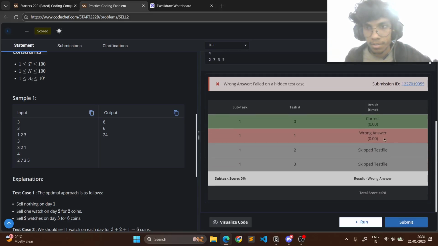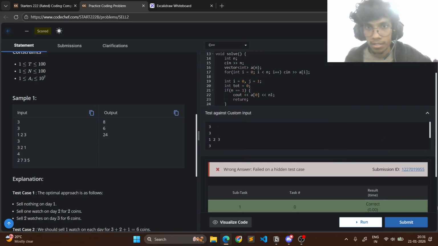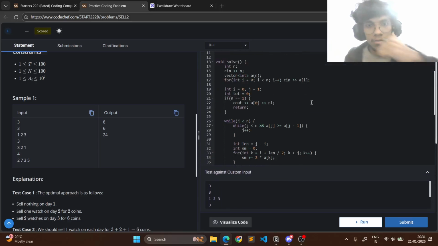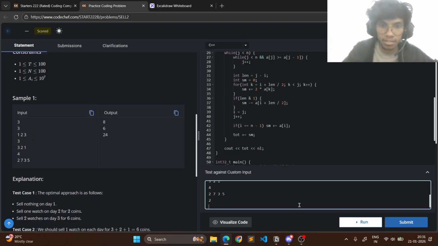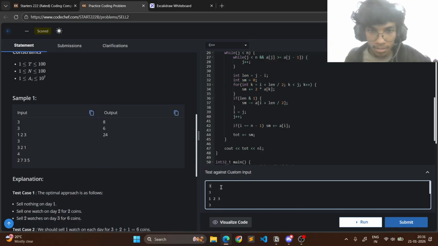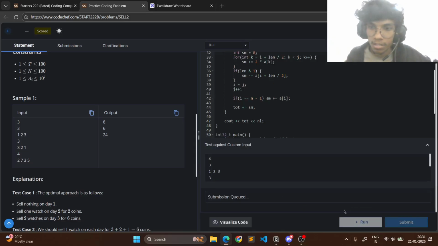So it fails on the second one again. First one के लिए तो यही होगा. 2 के लिए I guess we could check. 2, 3, 5 should be 10. 3, 5 answer should be 10. Yeah.